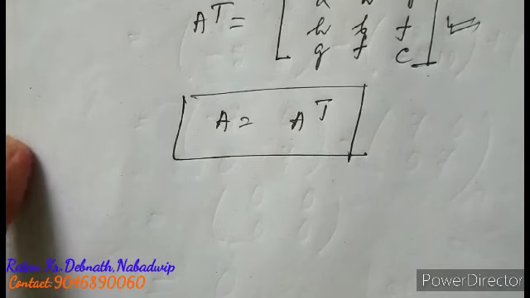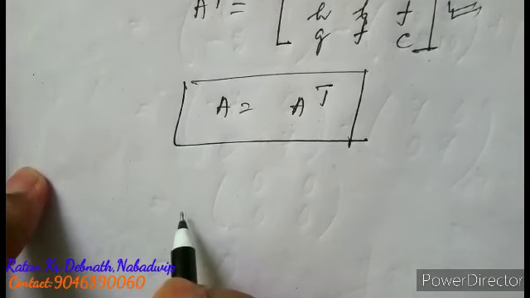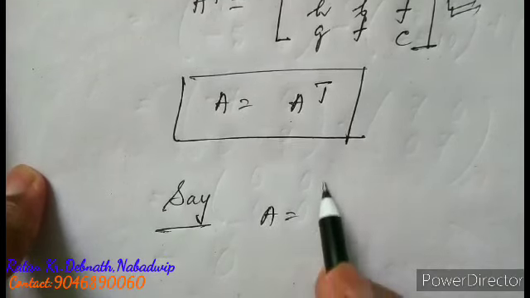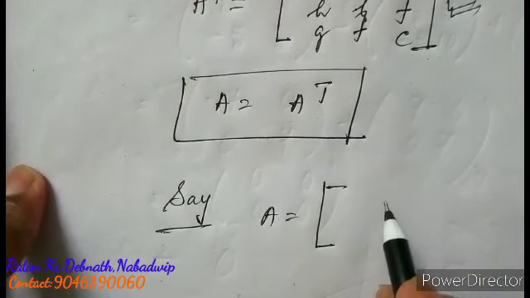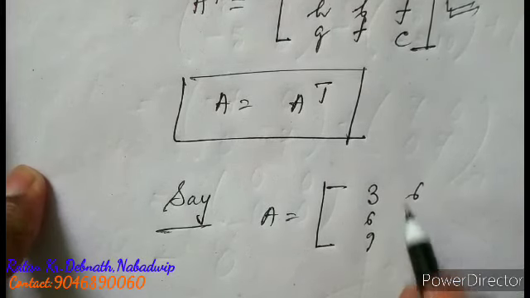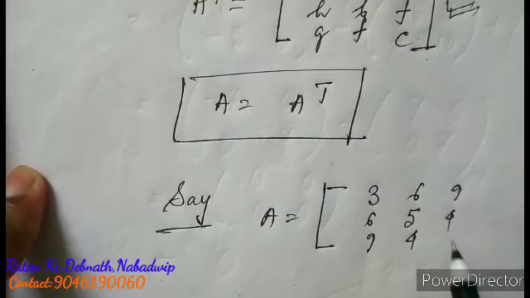Let us give another example. Say A equal to 3, 6, 9, 6, 5, 4, 9, 4, 8.